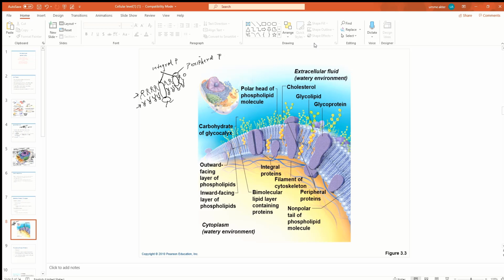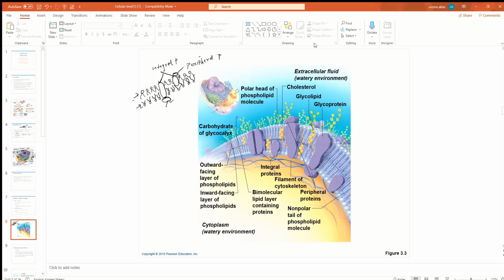Make sense? So if I ask you what is the structure of a cell membrane, you'll say it is a phospholipid bilayer in which the proteins are present. And how many types of proteins? Two types. Some are deeply inserted, those are called the integral proteins, and some are loosely attached to the integral proteins, those are called the peripheral proteins.